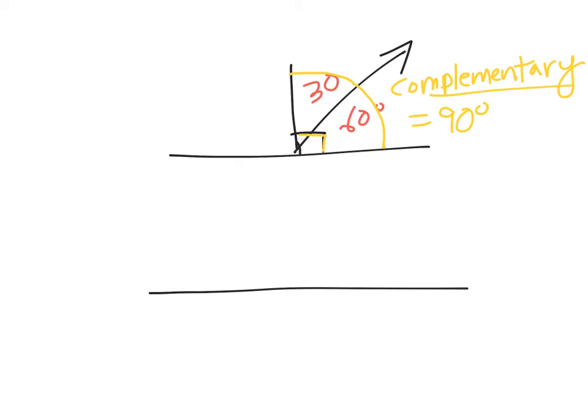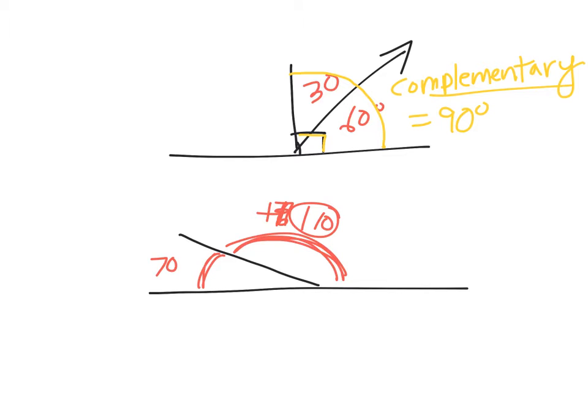If I have these two angles right here, this angle plus this angle, there's two angles, angle 1, angle 2. Let's say this was 70, then this would be 110. 110 plus 70 is going to equal 180.